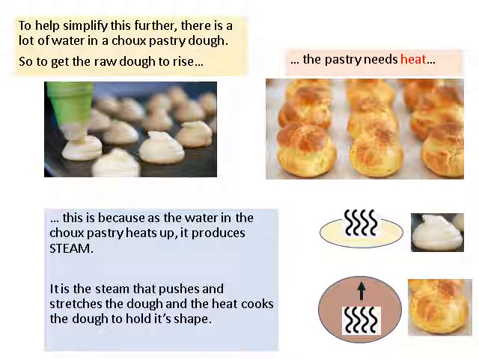It's the steam within it, the high water content. It's being heated, making the dough rise, and then hardening due to the heat within the oven, and therefore you have your profiterole. Again, little symbol there: pause and write the information down.